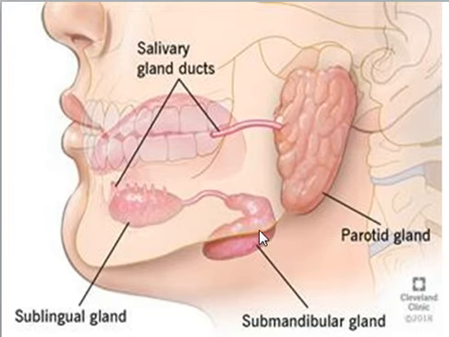Their secretion is mainly mucus, and they produce nearly 5% of the saliva entering the oral cavity, which comes from all these glands.